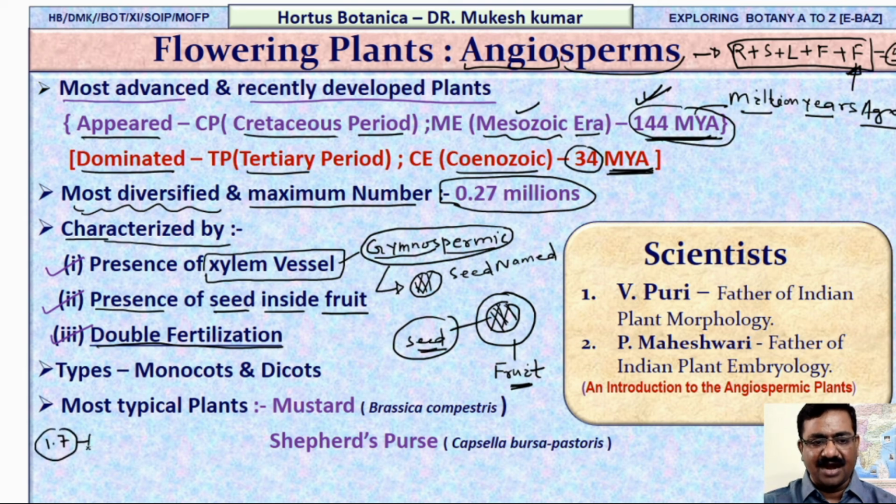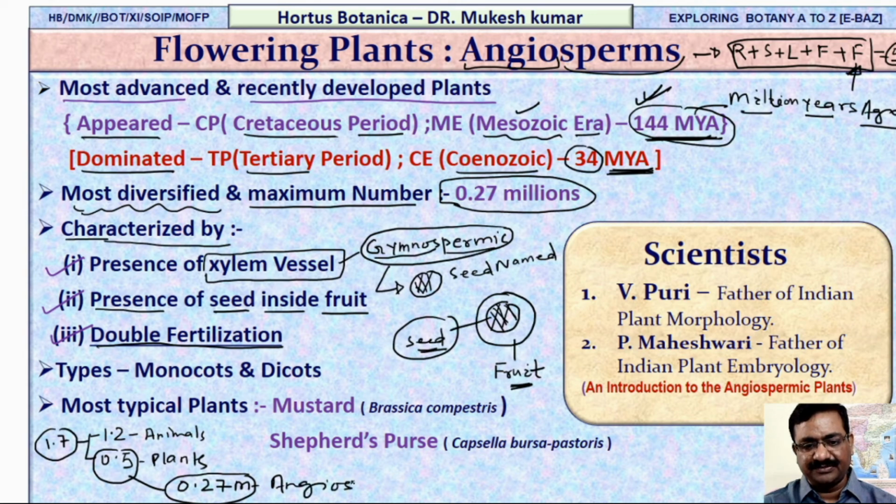Out of that, about 1.2 million are animals and about 0.5 million are plants. Is it clear? And out of these, more than 50%, about 0.27 million, are only angiosperm.